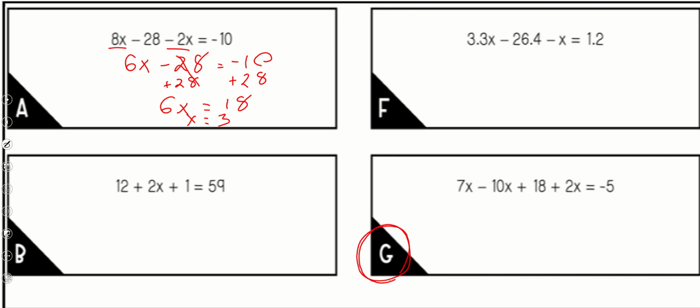All right, y'all do G. Again, I kind of switched up the order a little bit on this.